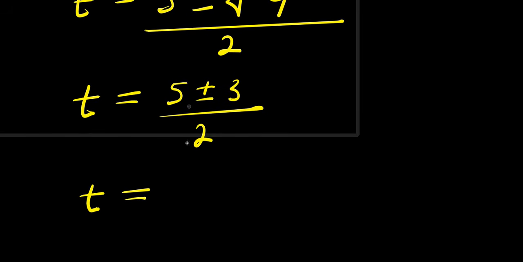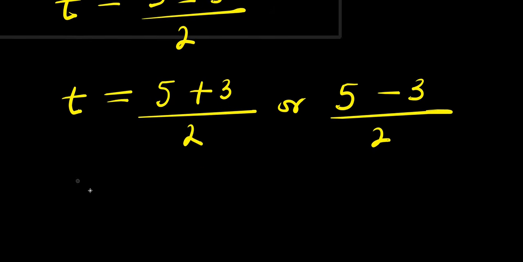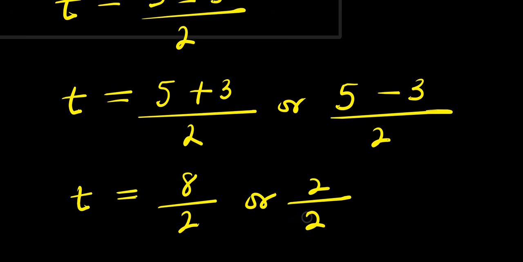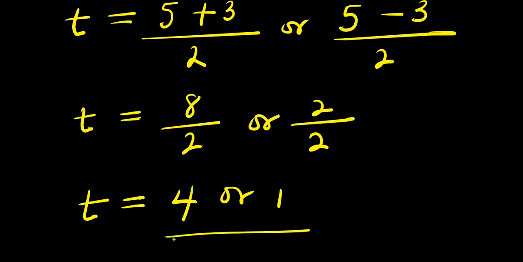We have 2 values here: 5 plus 3 divided by 2, or 5 minus 3 divided by 2. So t equals 8 divided by 2, or 2 divided by 2. That is 4, or 1. So you have two values for t, 4 or 1.